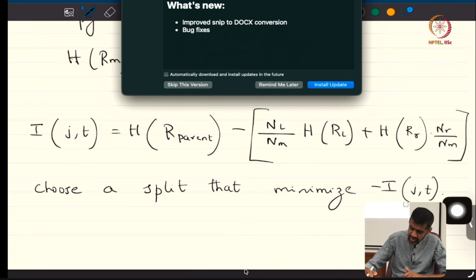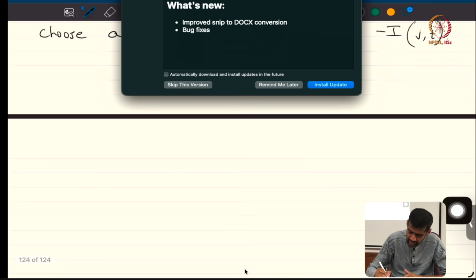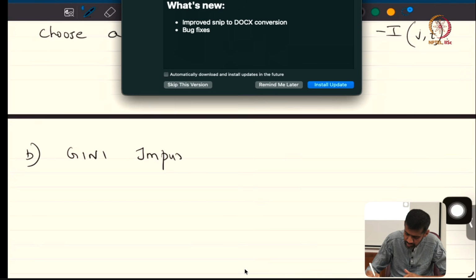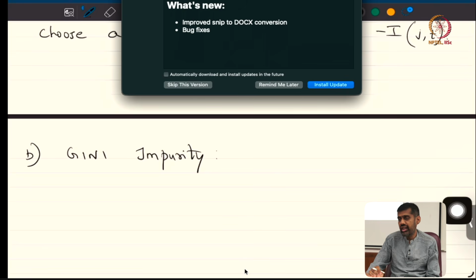There is another metric, that is called Gini impurity. This is used because the entropy has a logarithm term in it, right. So, computing it is a little computationally expensive.